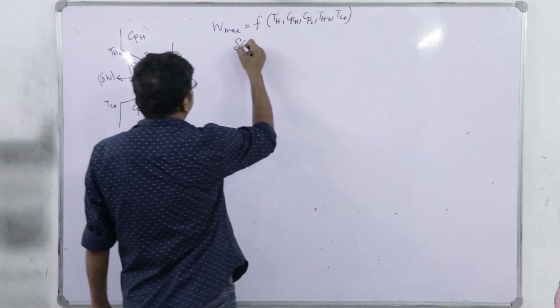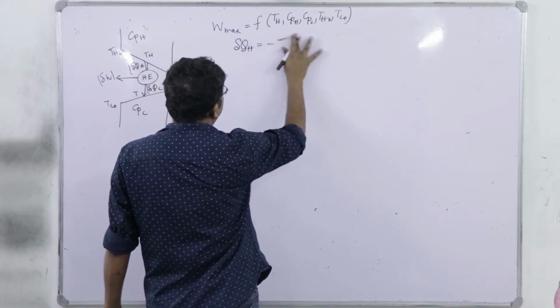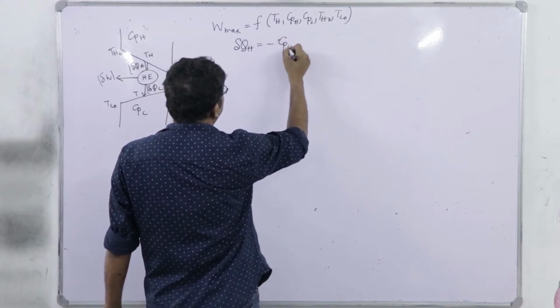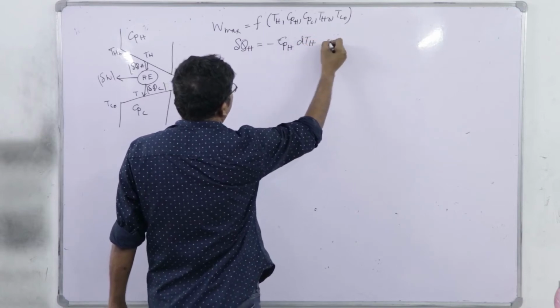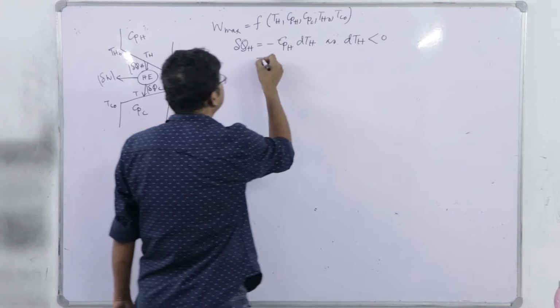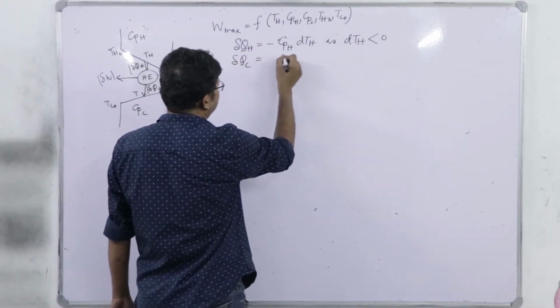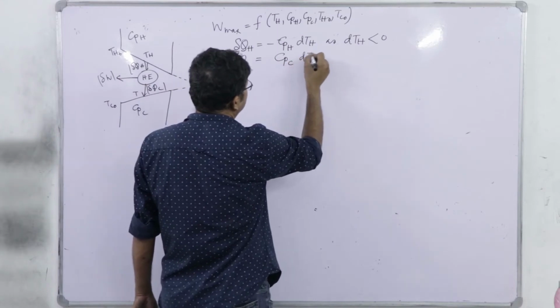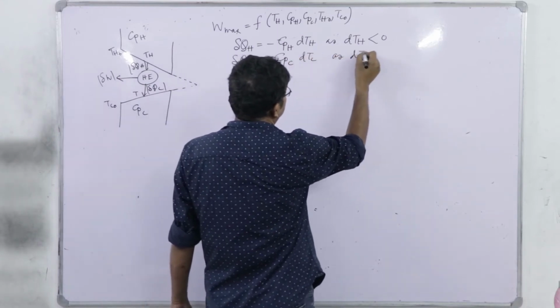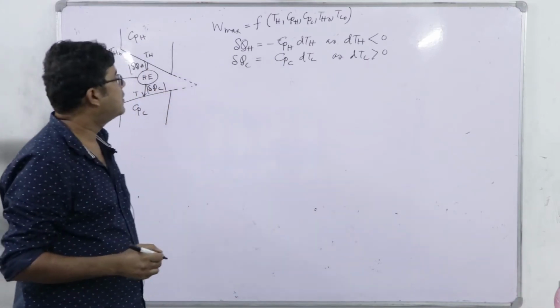So, you see, this del QH with respect to the engine is minus CPH dTH, because dTH is decreasing, and del QC with respect to the engine is CPC into dTC, as dTC is greater than 0, right.